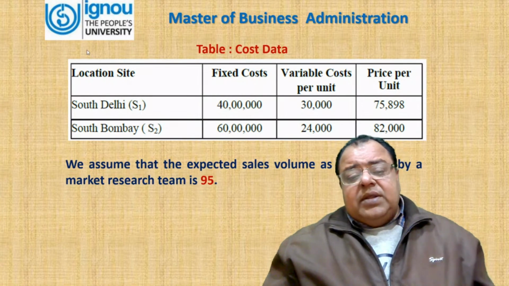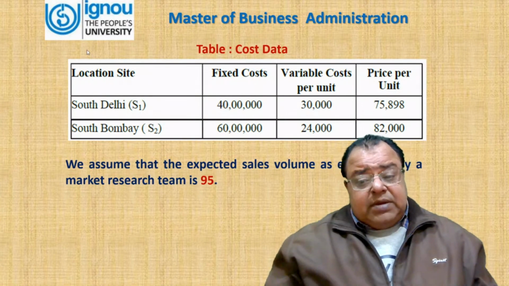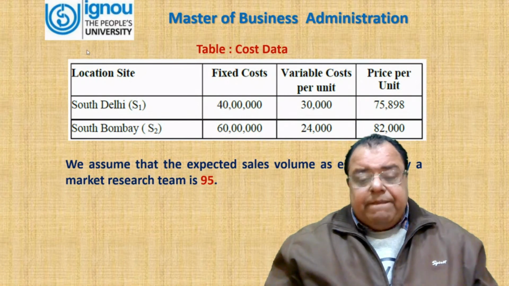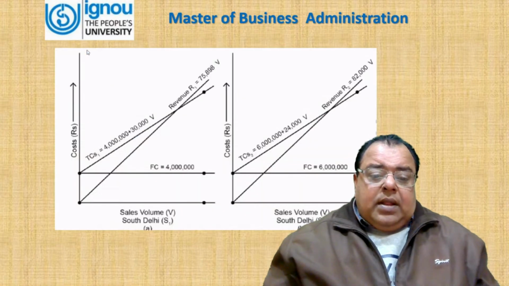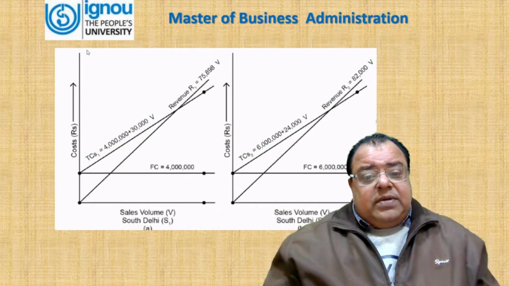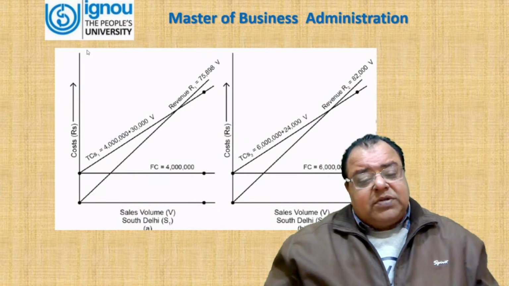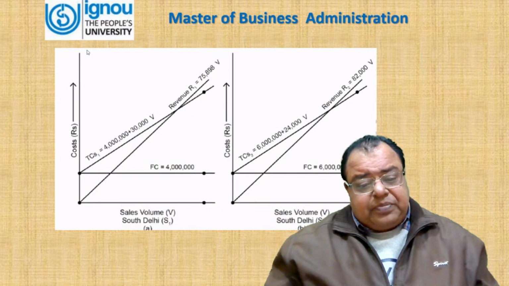We assume that the expected sales volume estimated by the market research team is 95. A graphical representation was formed for cost versus sales volume for South Delhi as well as for South Mumbai.